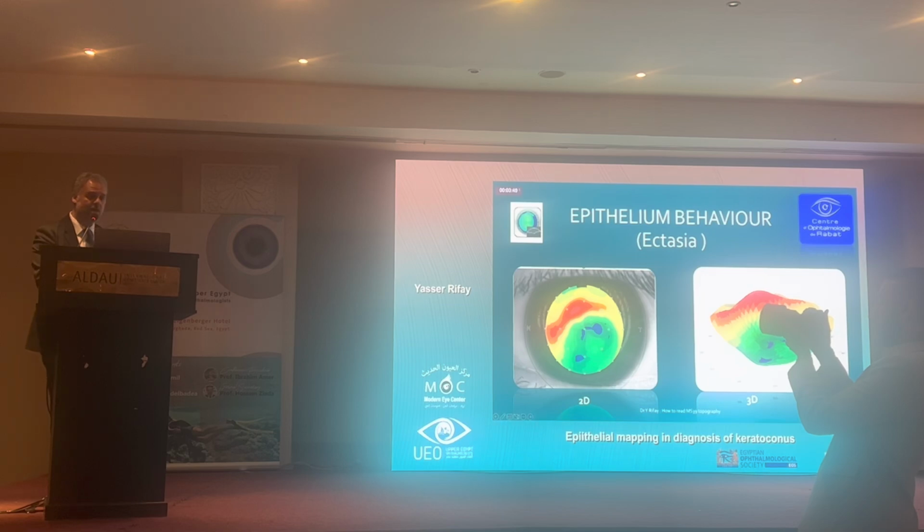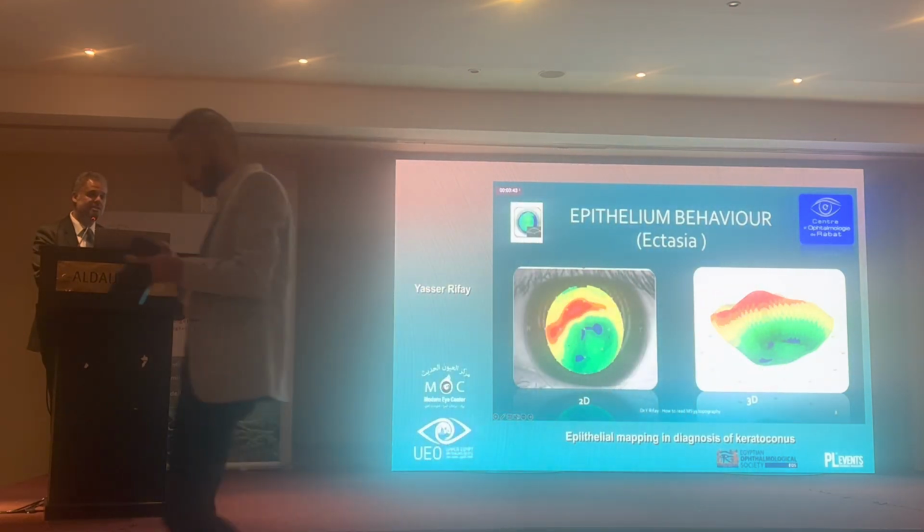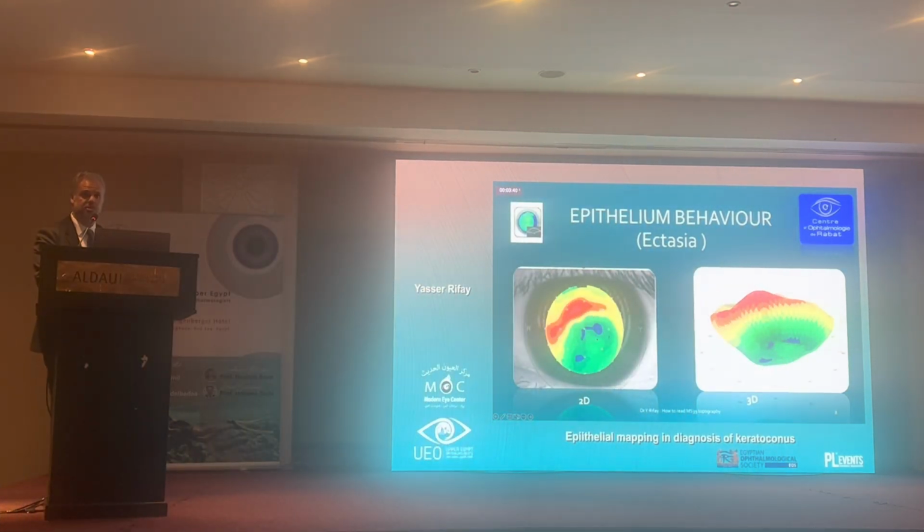It means we have the peak here. That's why we have thinning in this area. And here it is a decentered keratoconus. It's not a central one, and we can localize the peak of the keratoconus by the epithelial mapping.